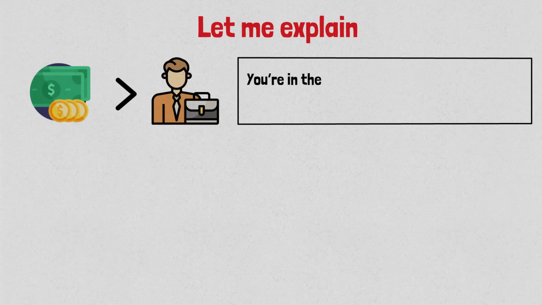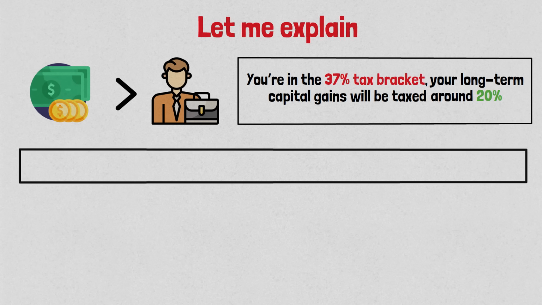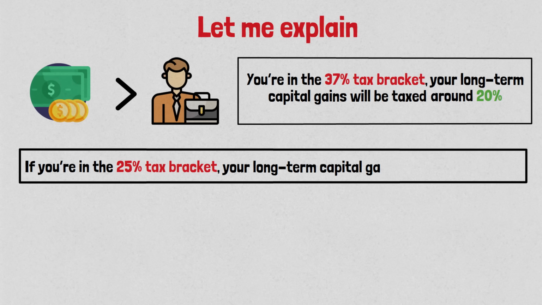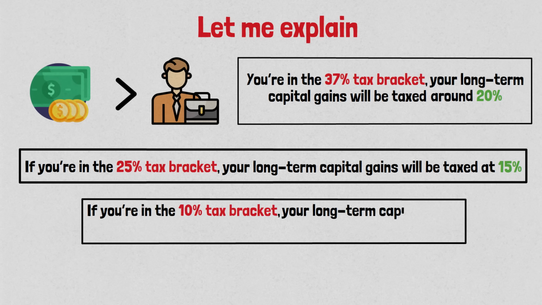So let me explain. If you make a lot of money at your job and you're in the 37% tax bracket, your long-term capital gains will be taxed around 20%. If you're in the 25% tax bracket, your long-term capital gains will be taxed at 15%. If you're in the 10% tax bracket, your long-term capital gains will be taxed at a rate of 0%.